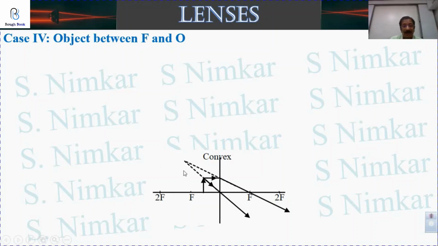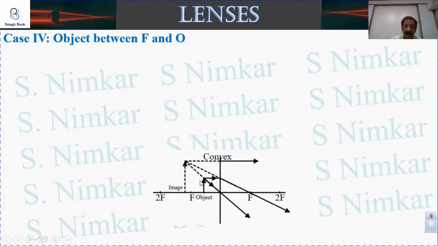Now, the third ray is the ray coming from the object having direction through the focus, and such ray after refraction will travel parallel. So I will draw the refracted ray first. The image is over here. This is the refracted ray, and I will join this to the tip of the object, and if I produce it further by dotted line, it should go through f.